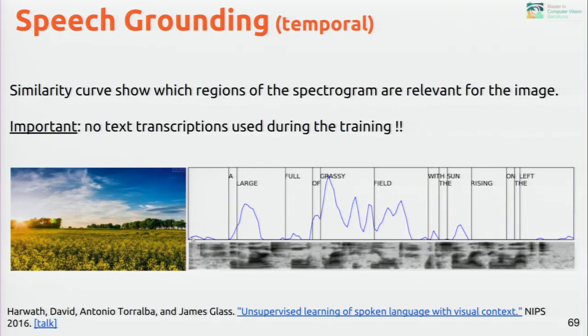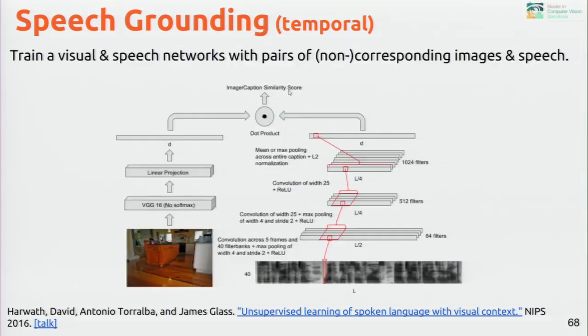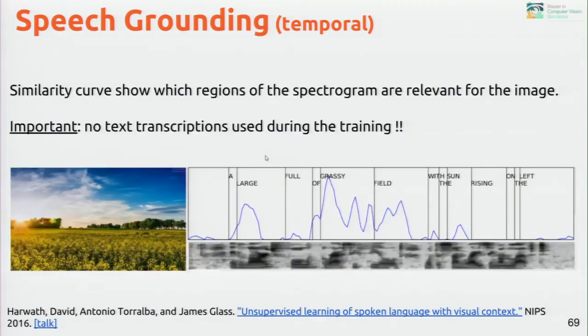Then what is interesting is this graph. It's plotting the similarity score that the network is predicting. What we observe is that the highest similarity score is achieved with the word grassy, with the phonemes grassy, which is pretty good, right?